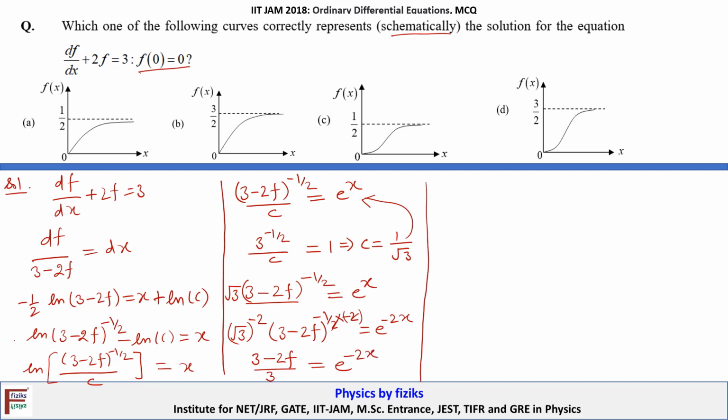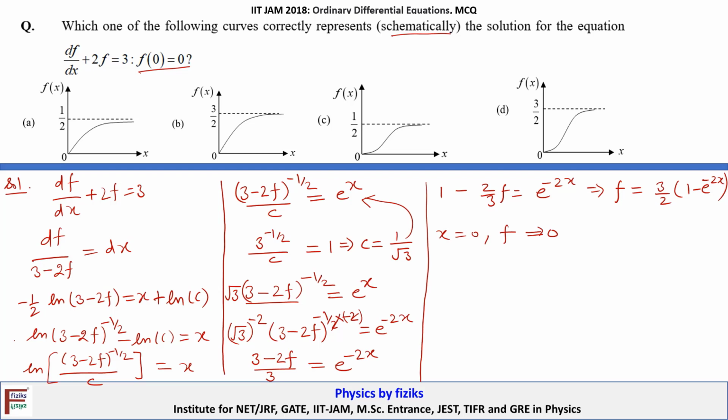Now to solve for f, we can write 1 minus 2 by 3 times f is equal to e to the power minus 2x, and for the value of f we obtain f is equal to 3 by 2 into 1 minus e to the power minus 2x. Now if we substitute x is equal to 0, then our function f becomes 0, because 1 minus 1 becomes 0.